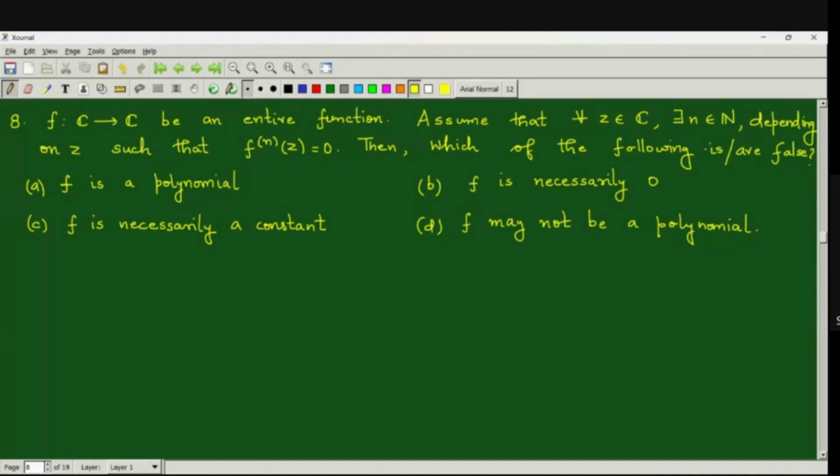Now, which of the following are false? So take your time, think on this question, then answer. And meanwhile, if my audio or my presentation is not clear, let me know.